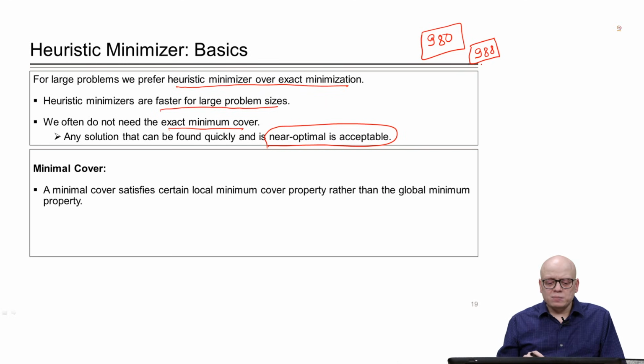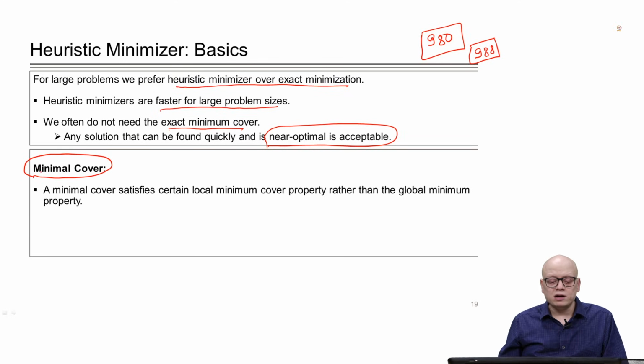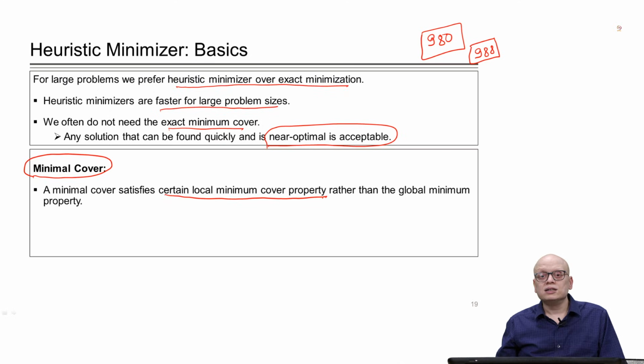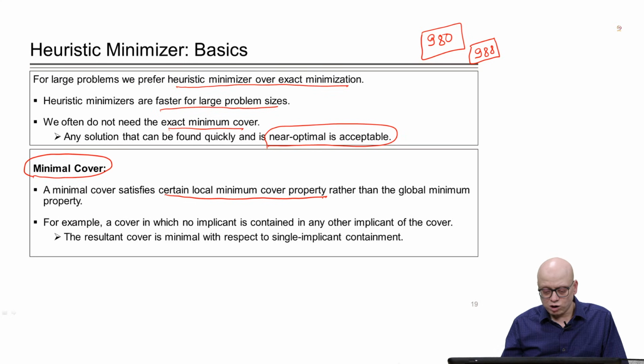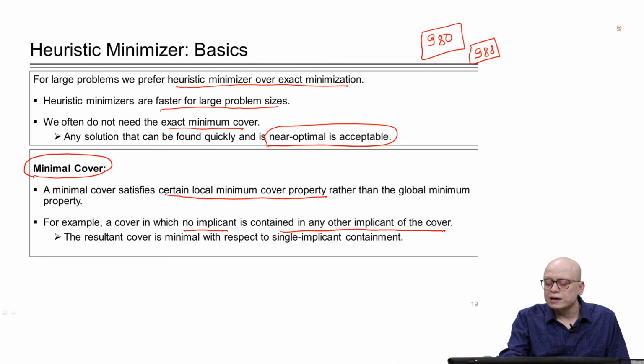Now, the heuristic minimizer tries to find a minimal cover rather than the minimum cover. And what is a minimal cover? A minimal cover satisfies a certain local minimum cover property rather than the global minimum property. An example of this local property is a cover in which no implicant is contained in any other implicant of the cover.